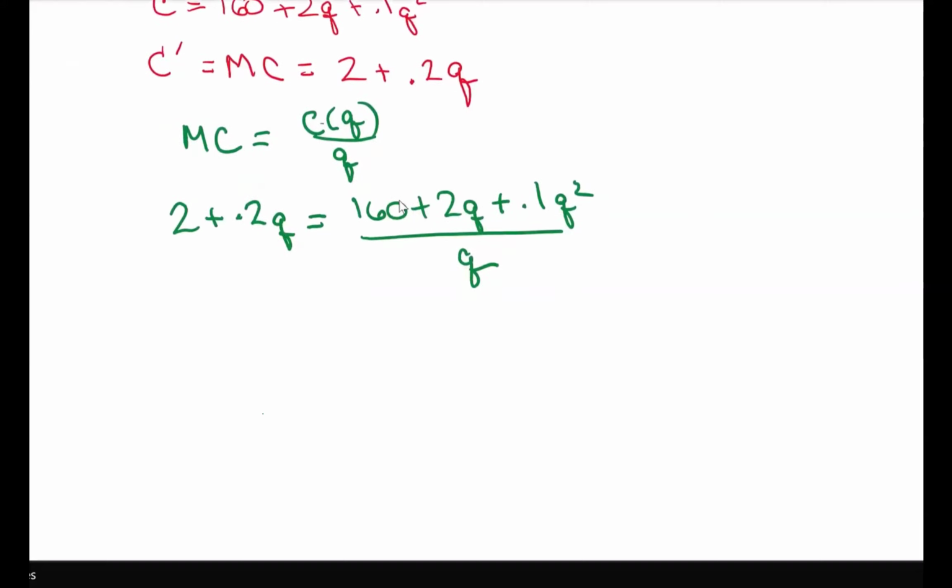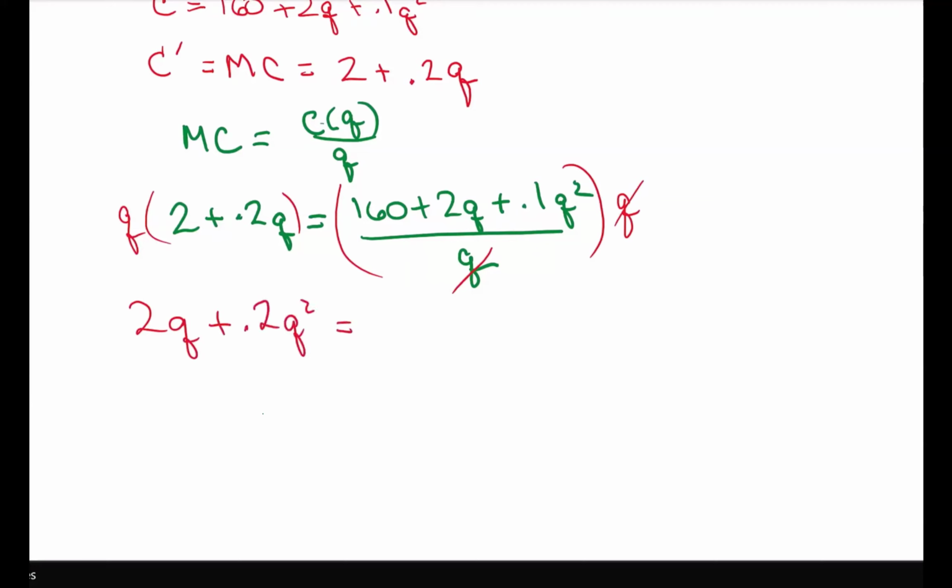And it's just some algebra now. I'm going to multiply both sides by Q. That means this Q will cancel with this, and I'll have 2Q plus 0.2 Q squared is equal to 160 plus 2Q plus 0.1 Q squared.